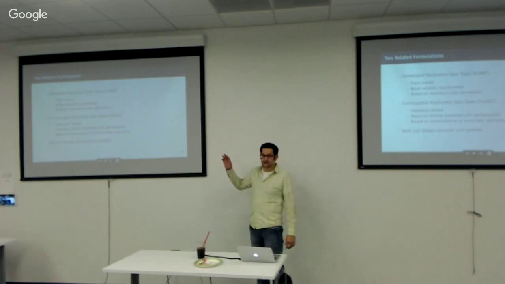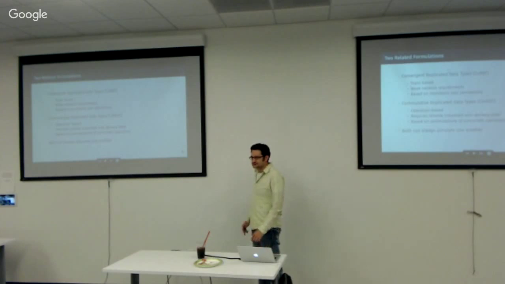Who's familiar with semilattices? Not too many of you. You should get familiar with them because they come up all over the place in computer science literature and mathematical literature in general. They will be very useful for reading papers.